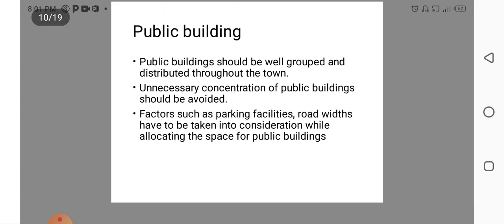Public buildings should be well developed, grouped and distributed throughout the town. Unnecessary concentration of public buildings shall be avoided. Factors such as parking facilities and road width have to be taken into consideration while allotting the space for public buildings.